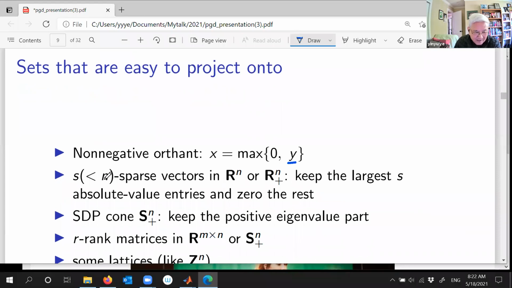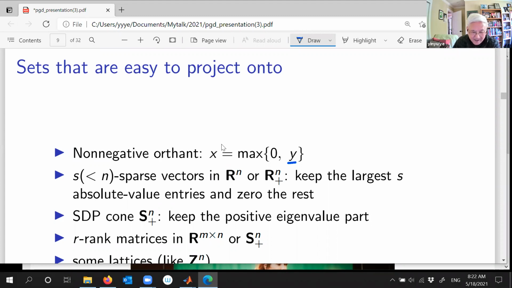Then if you further assume the number of entries, the support size of x, is no more than s, basically you want to get an x which is sparse, non-negative, with the number of non-zero entries no more than s. This is not a convex set.